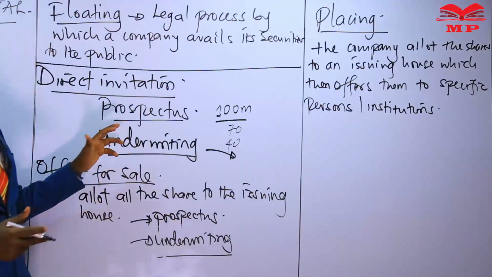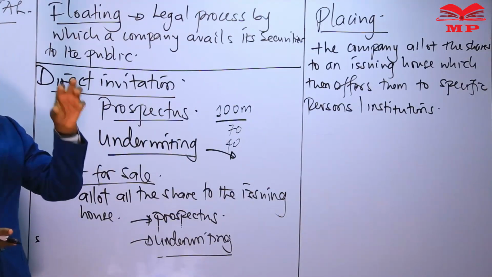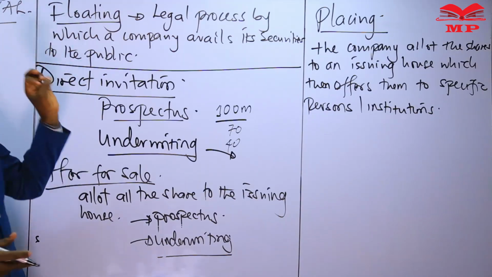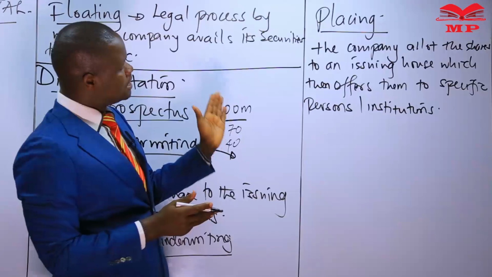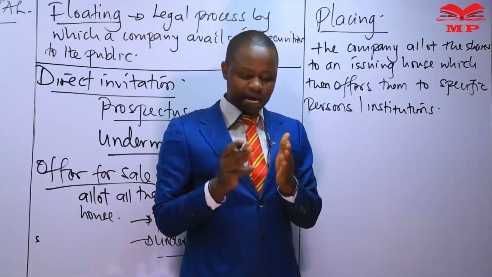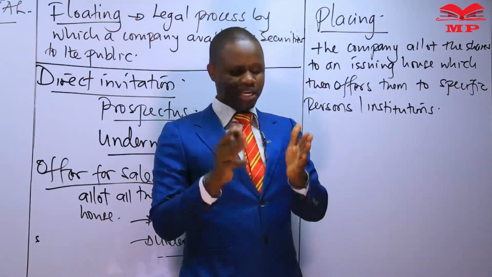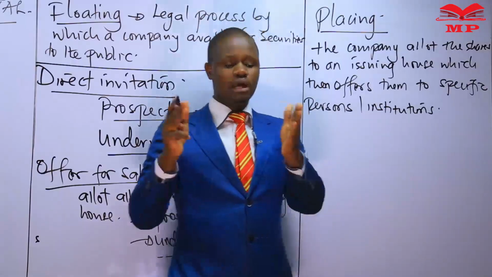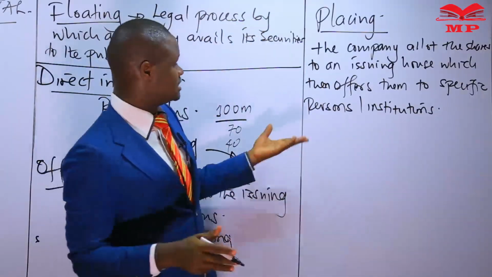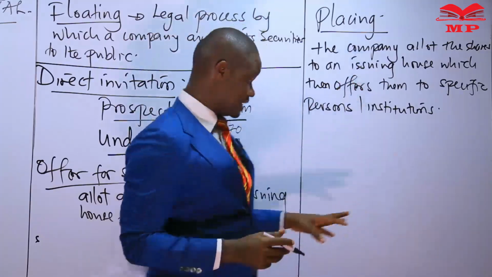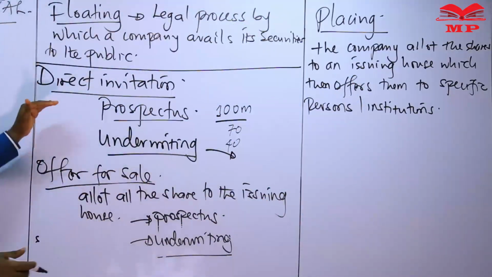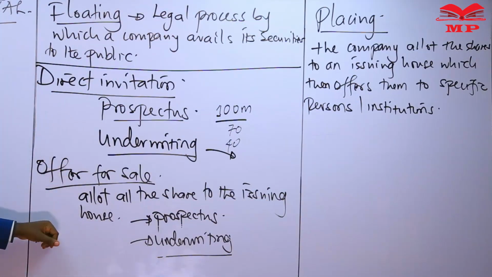We only prepare prospectuses when the issue is a public issue, targeting the public or a section of the public. But in this case, because we are attending to individual institutions, organizations, and persons, we are excused from the preparation of prospectuses. Now, these two methods will be the preserve of public companies because the public is involved.